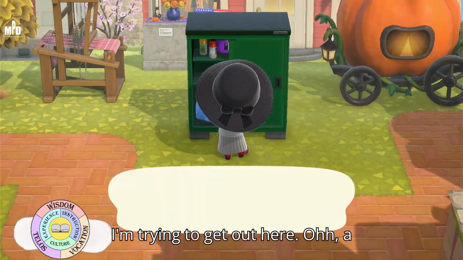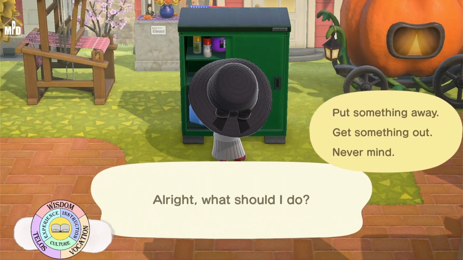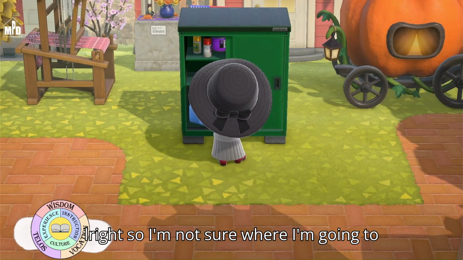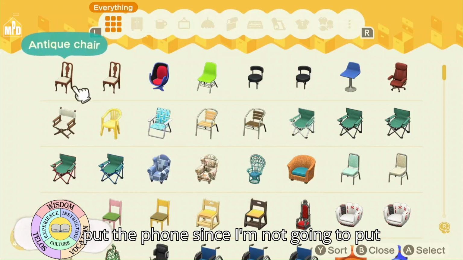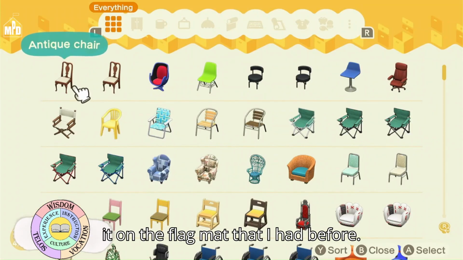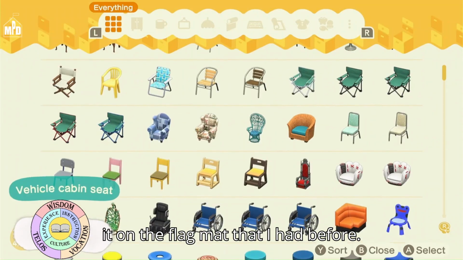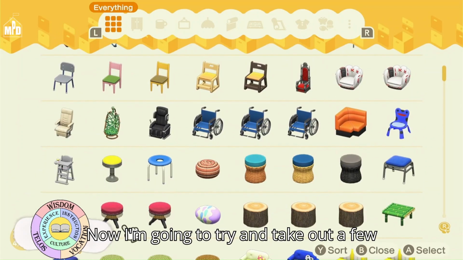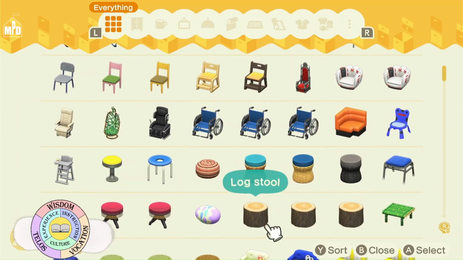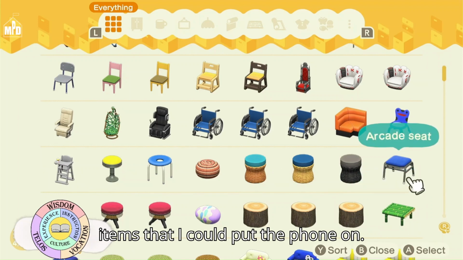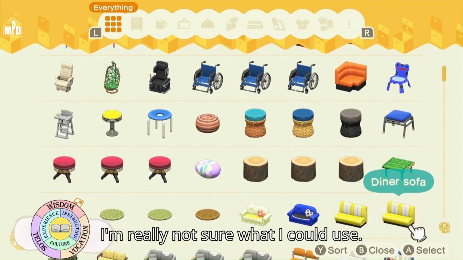All right, so I'm not sure where I'm going to put the phone since I'm not going to put it on the flag mat that I had before. So I'm going to try and take out a few items that I could put the phone on. I'm really not sure what I could use.